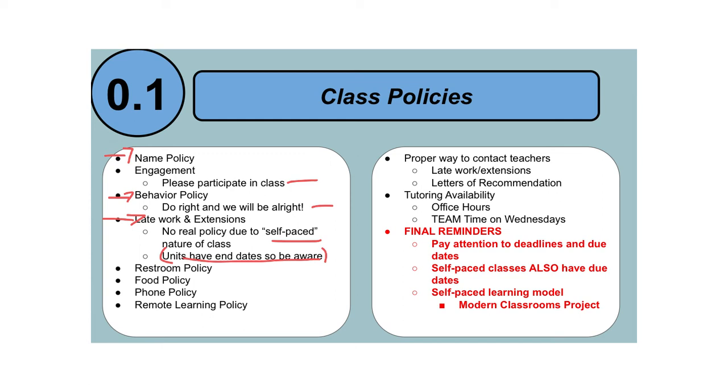In terms of the restroom policy, it's pretty simple. If you look at the back of the door of the classroom, there is a white dry erase board, and it asks for your name, the date, the time, and the location that you're going to. So if you're going to the restroom, you just put RR.